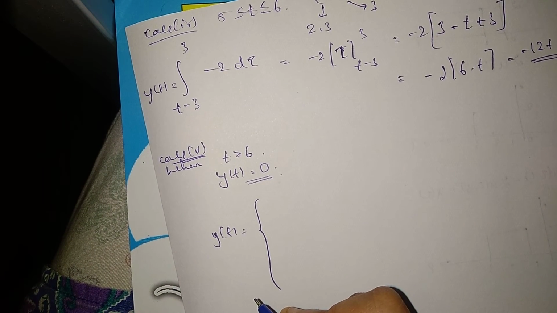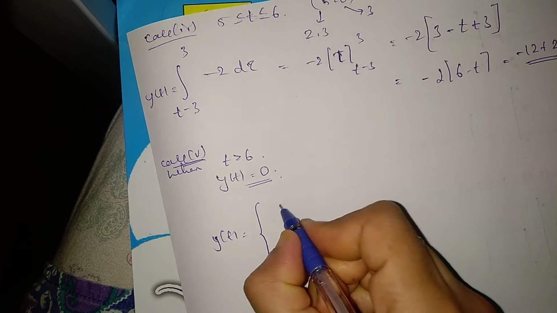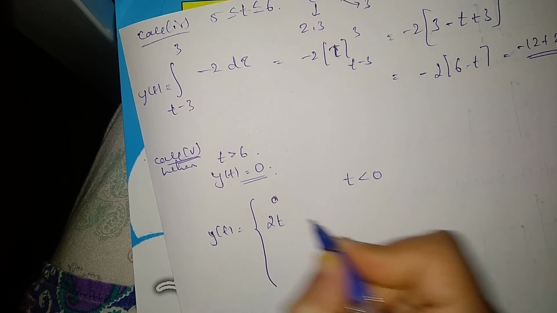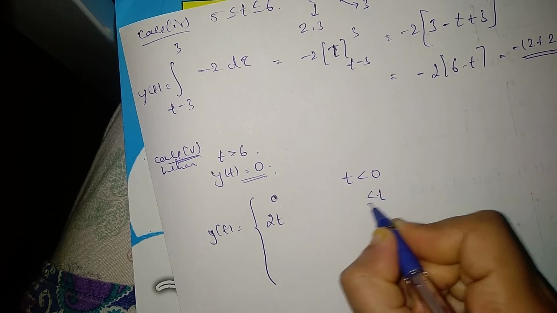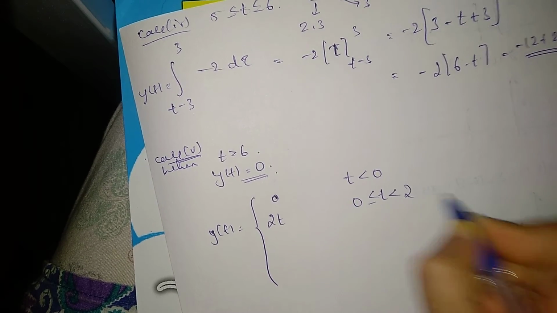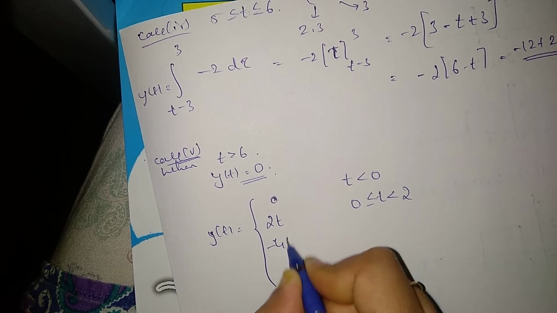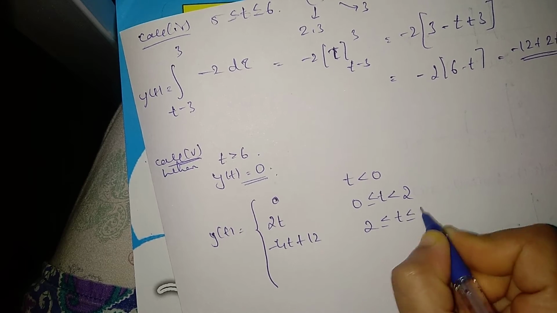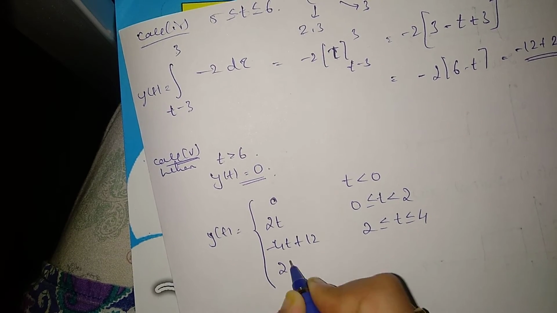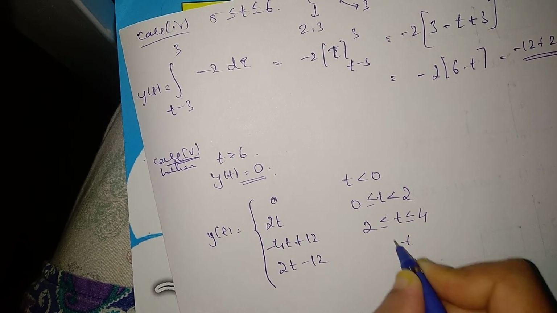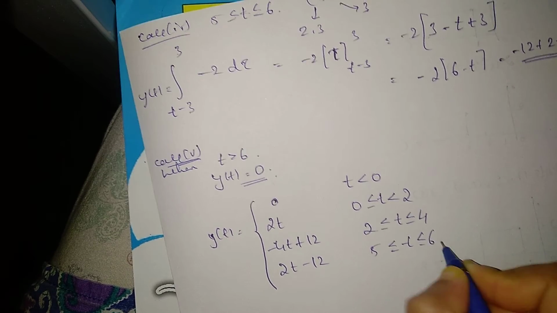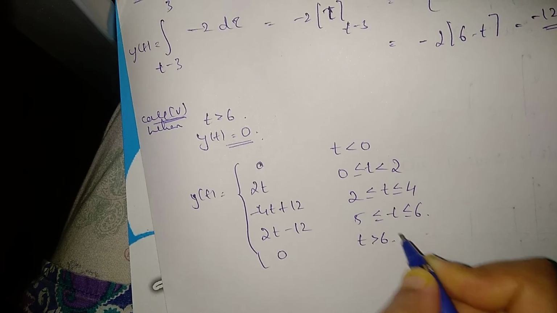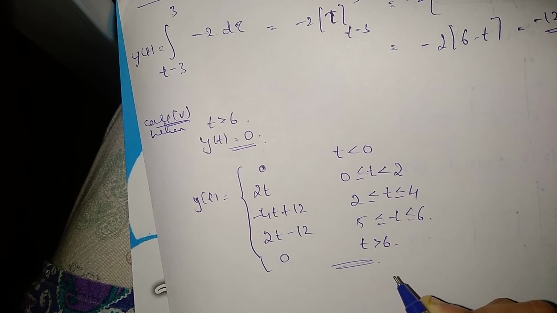As we found all the values, it is 0 for t less than 0, it is 2t for t between 0 and 2, it is minus 4t plus 12 when t is between 2 and 4, and it is 2t minus 12 when t is between 5 and 6, and again it is 0 when t is greater than 6. This is the value of y of t.